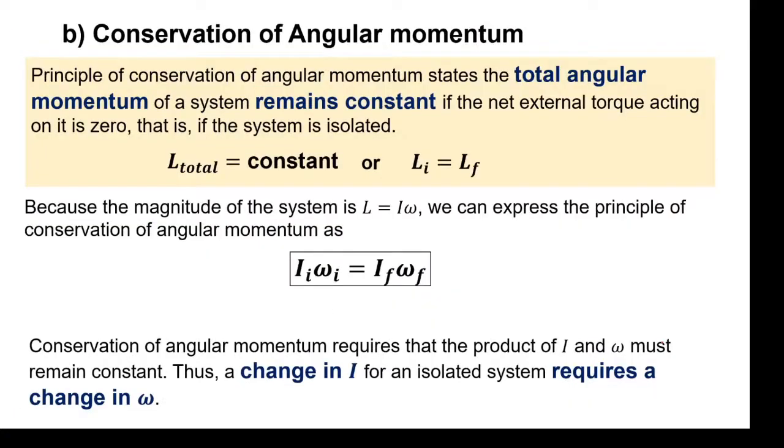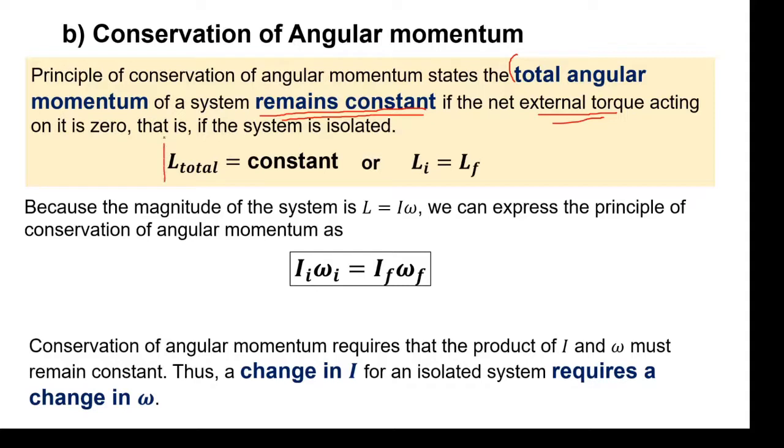Now let's go further to the conservation of angular momentum. What is the principle of conservation of angular momentum? It states that the total angular momentum of a system remains constant if the system is isolated, meaning no external torque or external force acts on the system.